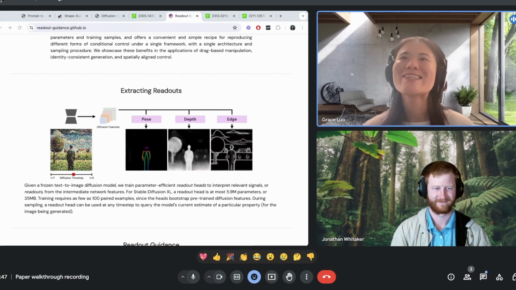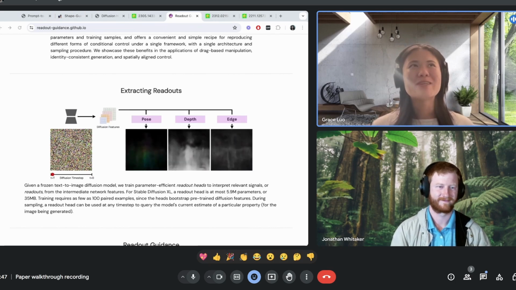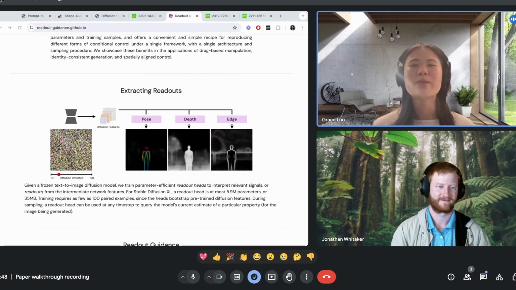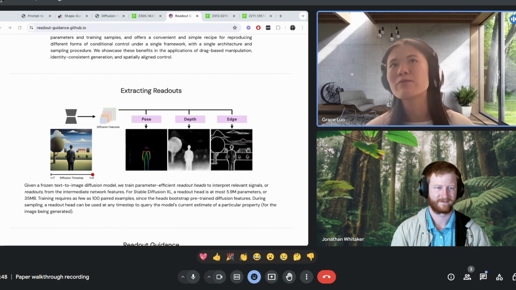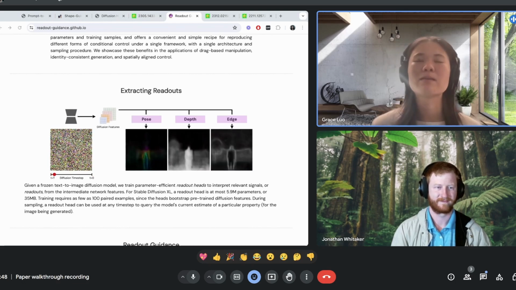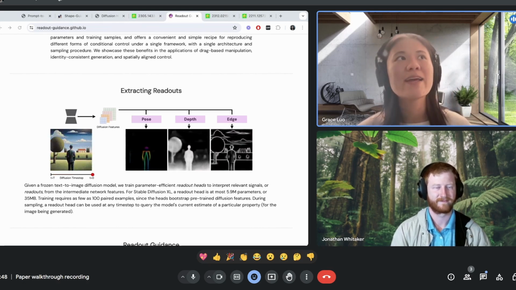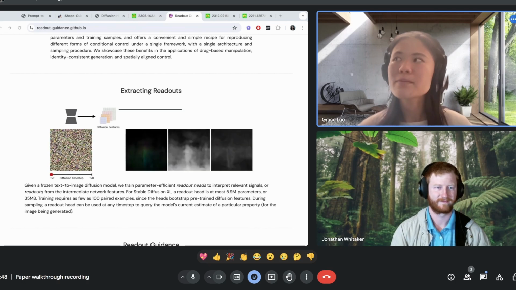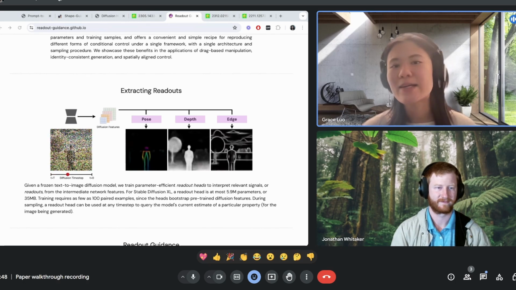And I think one last idea that I haven't even looked into at all, but feels a bit interesting, is a readout head for domain alignment. Essentially, if I have a domain that's super different from whatever this image generation model is trained on, for example satellite imagery, or medical images, you could have a readout head that makes you better able to align to that domain.